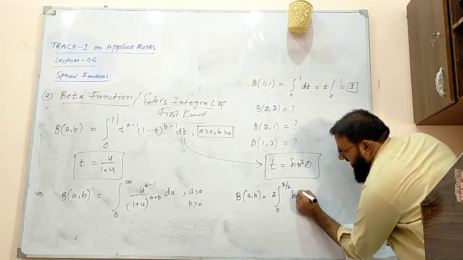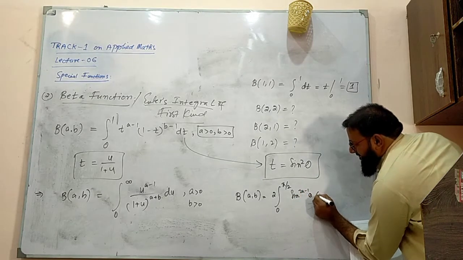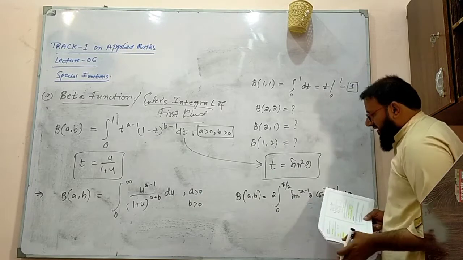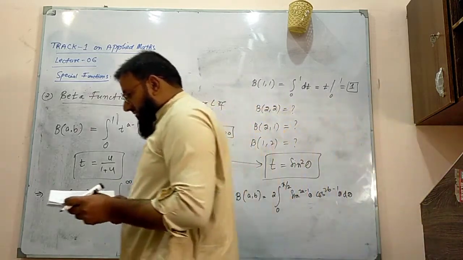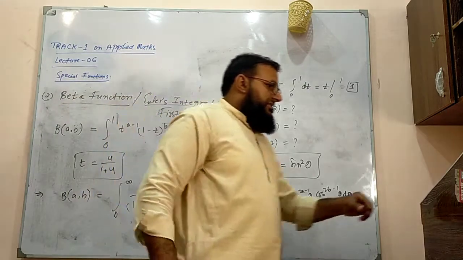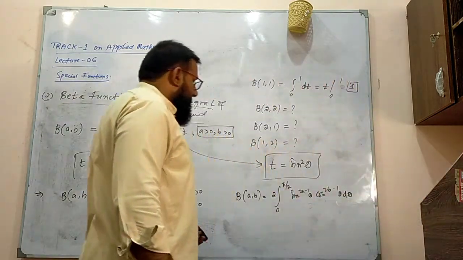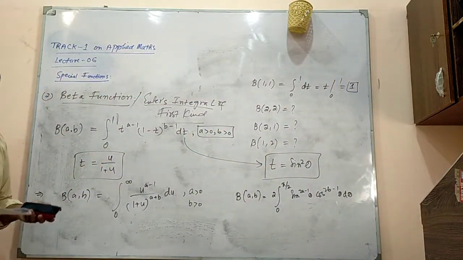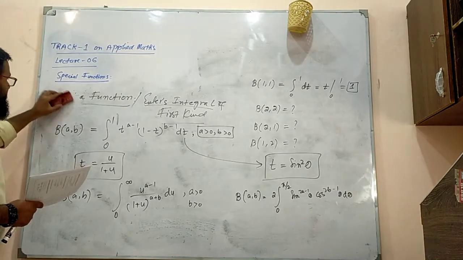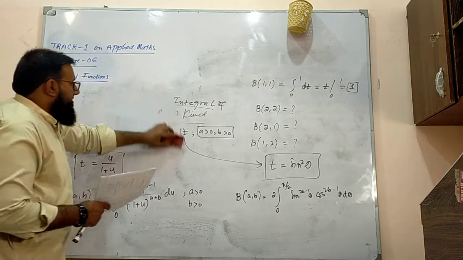And sine power 2a minus 1 theta and cos power 2b minus 1 theta d theta. So now you can see that we can evaluate lots of things with the help of this particular trigonometric form of beta function. And if it is okay, then we can do lots of things.